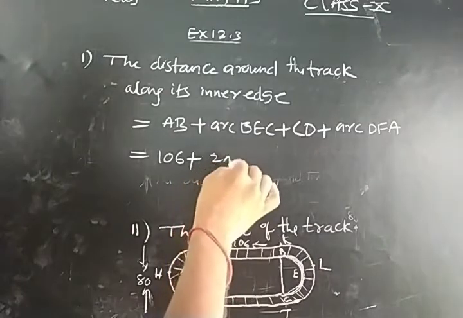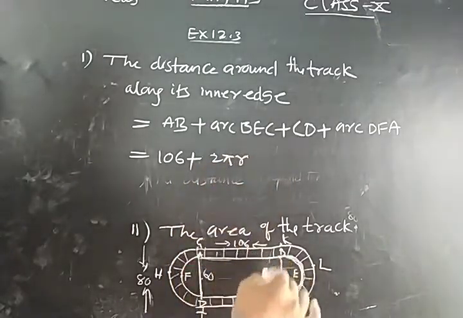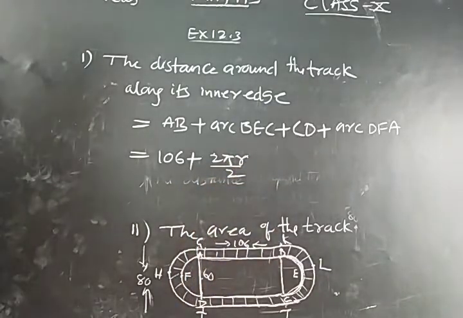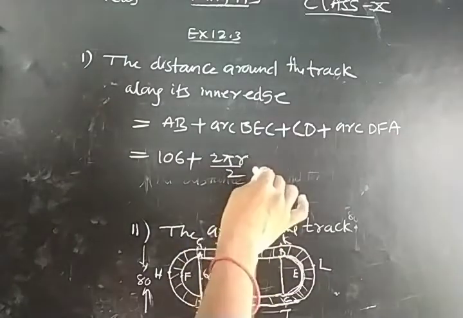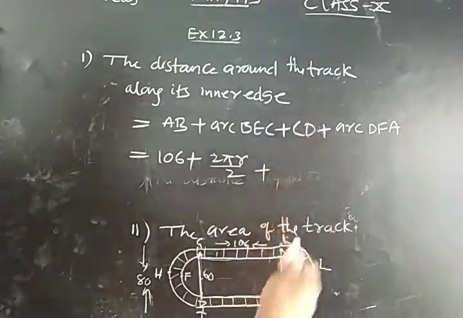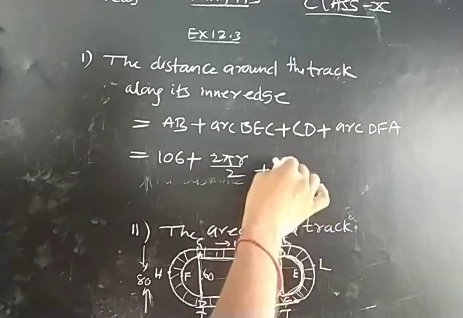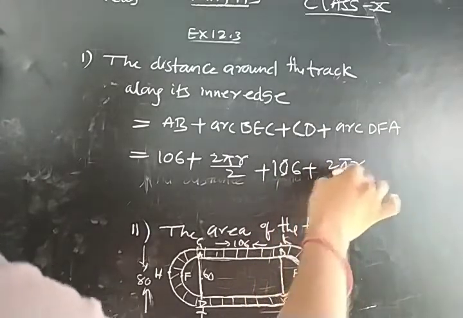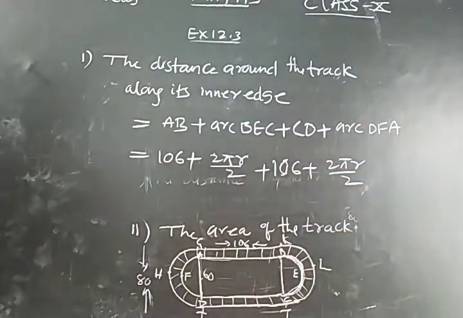2 pi r is the total circle circumference, so for a semicircle, the perimeter is 2 pi r by 2, right? Plus CD length, 106, plus arc of DFA, again 2 pi r by 2.